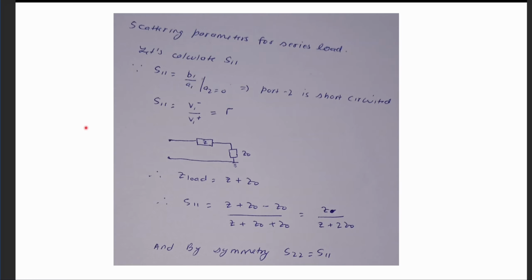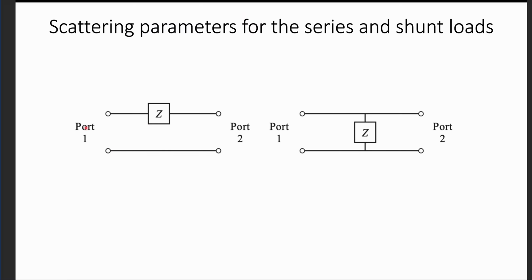So Z naught. You can think in terms of, suppose you have a semi-infinite transmission line on port 2 that has an impedance of Z naught, and the same thing on the other side.